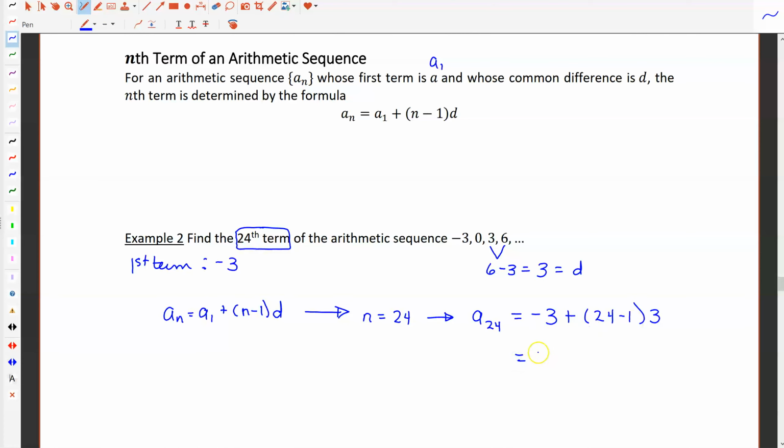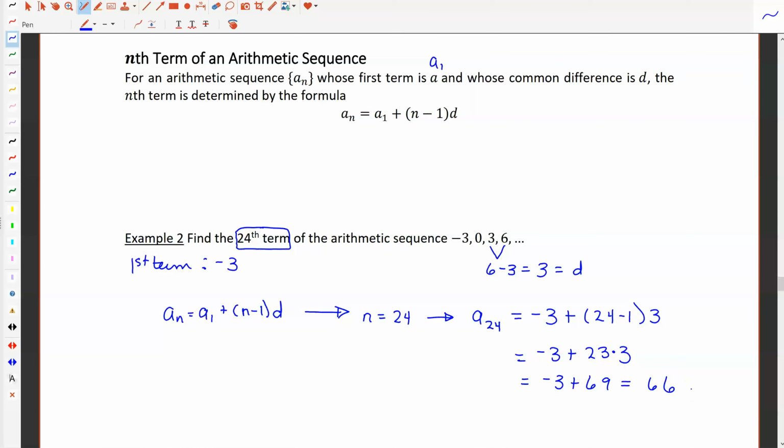If I clean this up, I get -3 plus 23 times 3, so that's -3 plus 69, and if I add those two values together, I get 66. So the 24th term in the sequence is 66.